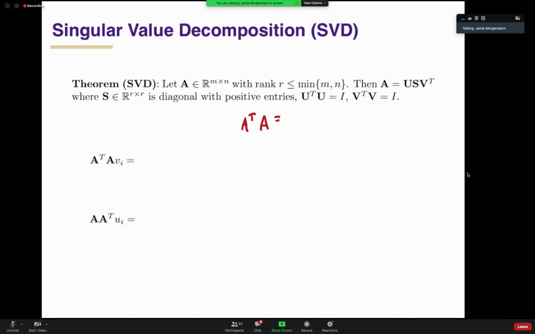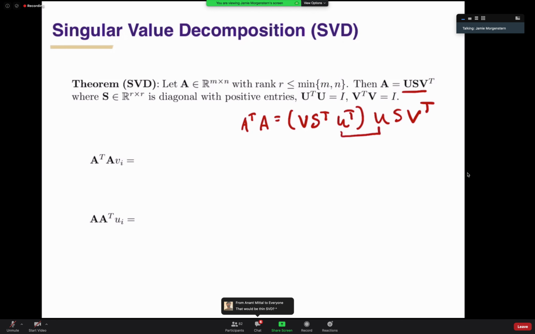A transpose A, just by this definition, is equal to V S transpose U transpose, U S V transpose. All I did was write down something simple here. We know that U transpose U is equal to the identity matrix. S transpose S, I want to define to be equal to D for the remainder of lecture. That's going to be a useful thing.